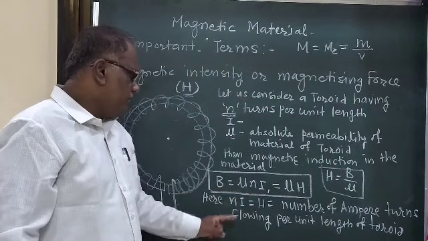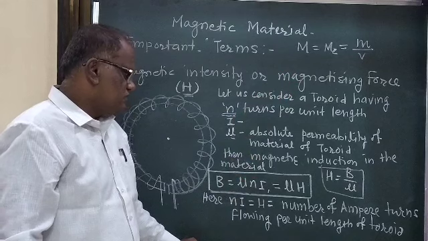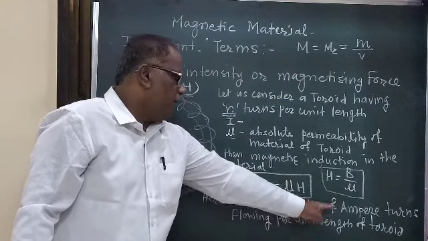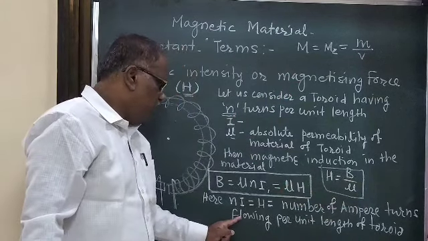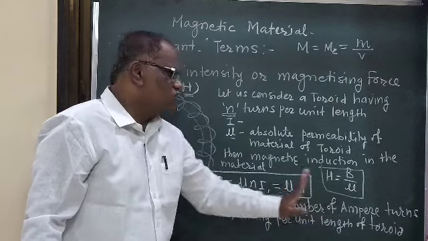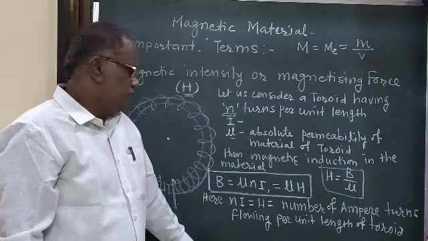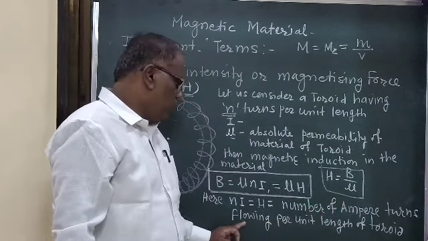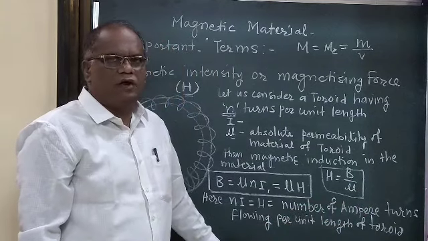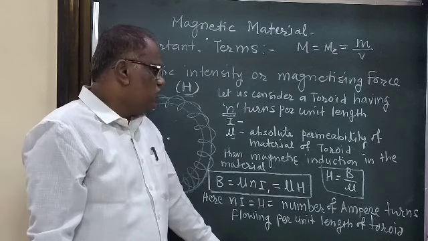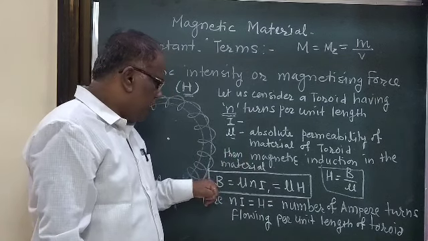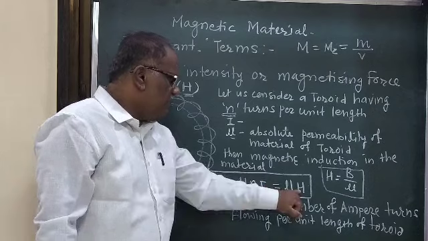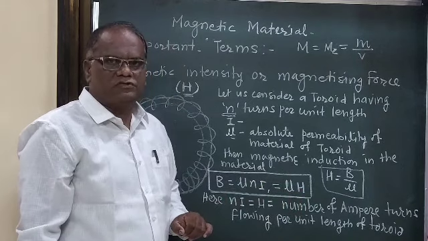Now the definition of magnetizing force is the number of ampere turns flowing per unit length of the toroid. Thus we can express magnetic induction in terms of magnetizing force.